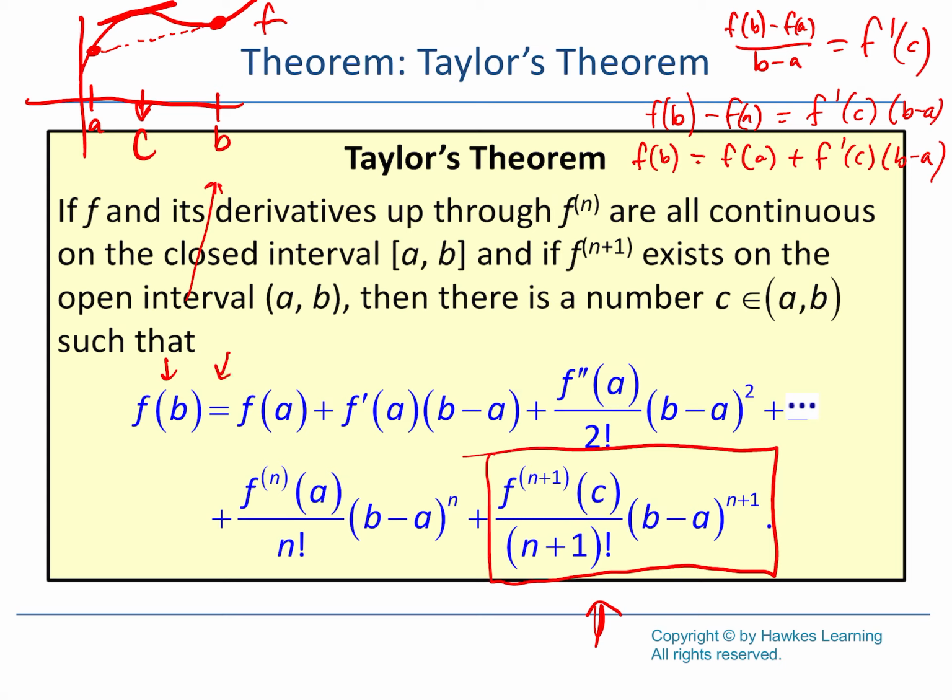And this is not a Taylor series. It's just a Taylor polynomial. This thing actually ends. Normally we'd think of Taylor polynomials being an approximation, but by finding this special value c, rather than just using a as the thing that we plug in everywhere, it actually makes it equal.